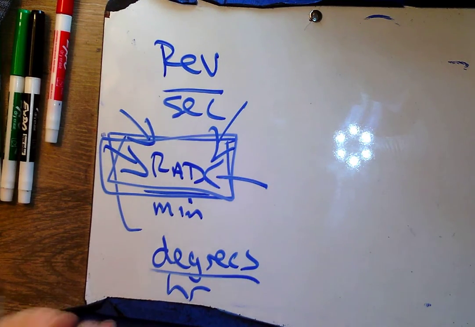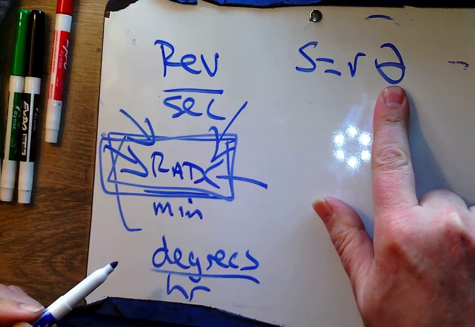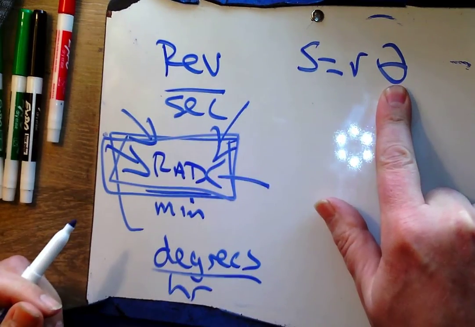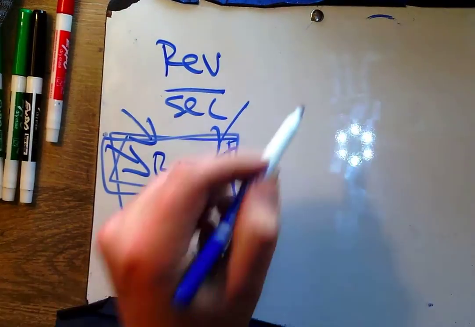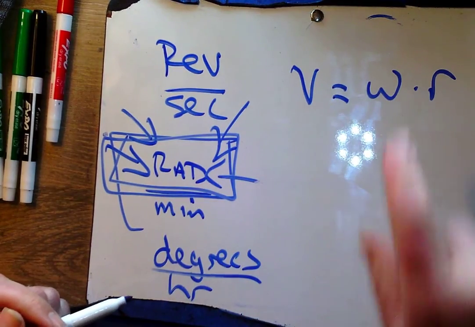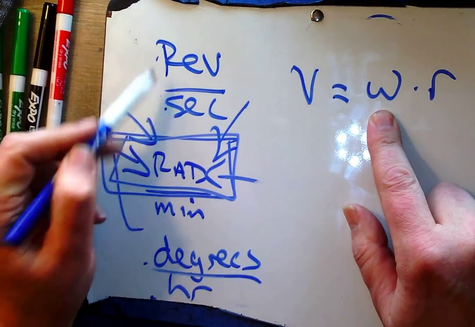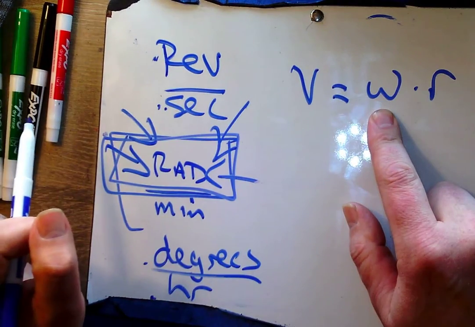It's just like I can't use this formula if theta isn't in radians, because I'll get the wrong answer. Well, guess what? V equals R times omega. That's not going to work for degrees per hour, and it's not going to work for revolutions per second.